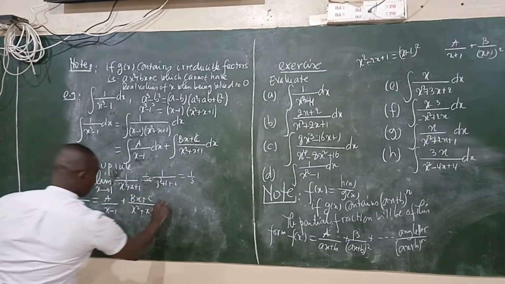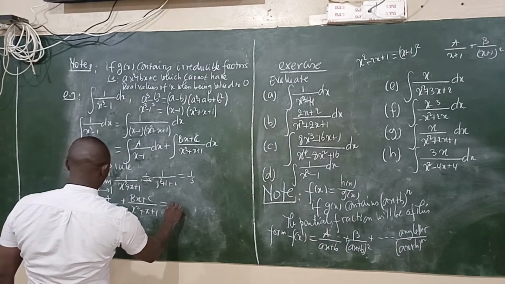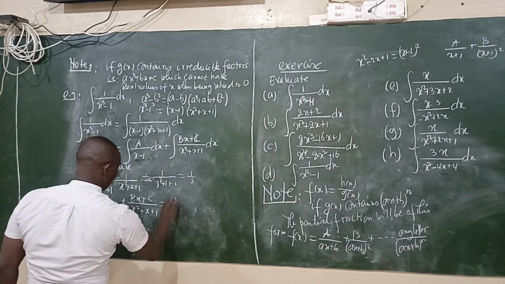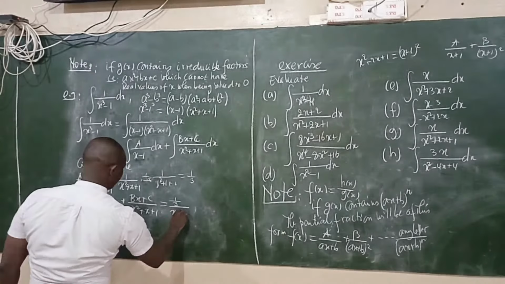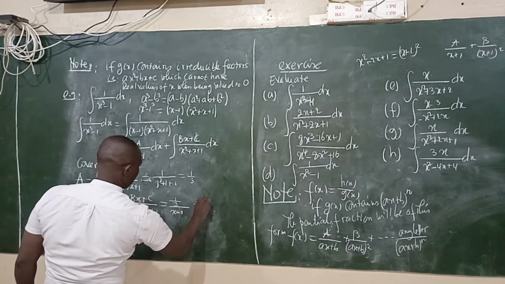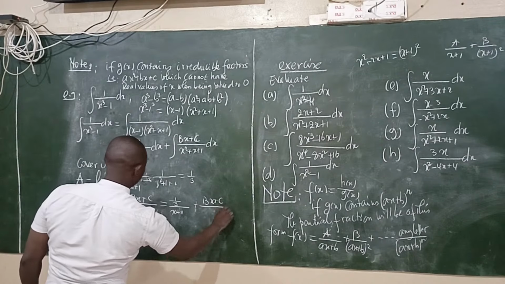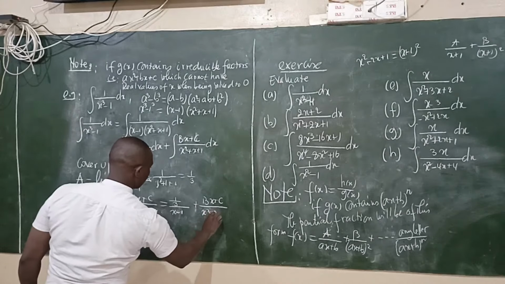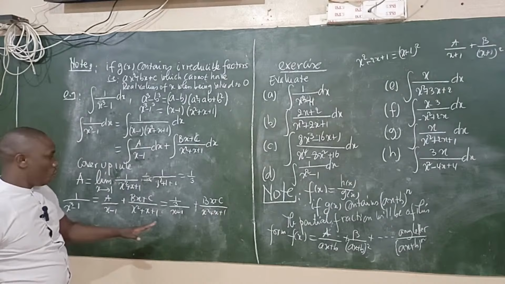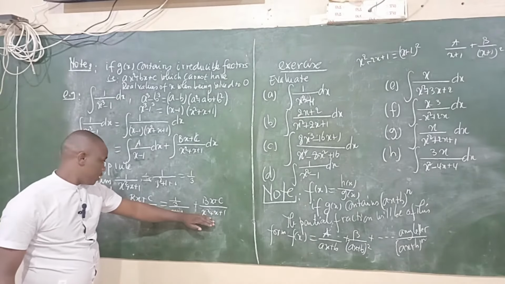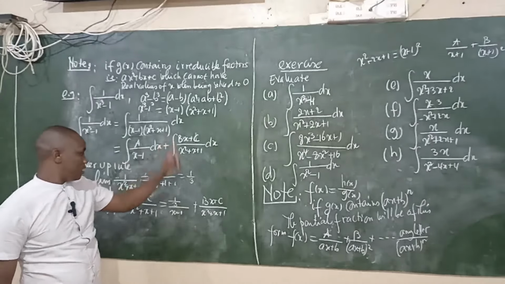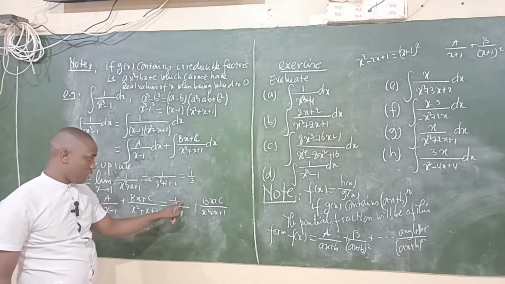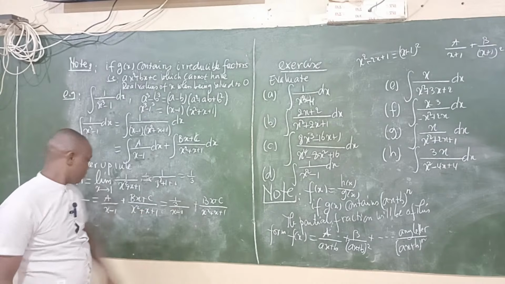So replace a by 1 over 3: 1 over 3 by x minus 1 plus bx plus c divided by x squared plus x plus 1. We need to put this on common denominator, which will be the product. This must be multiplying here, and this multiplies here.